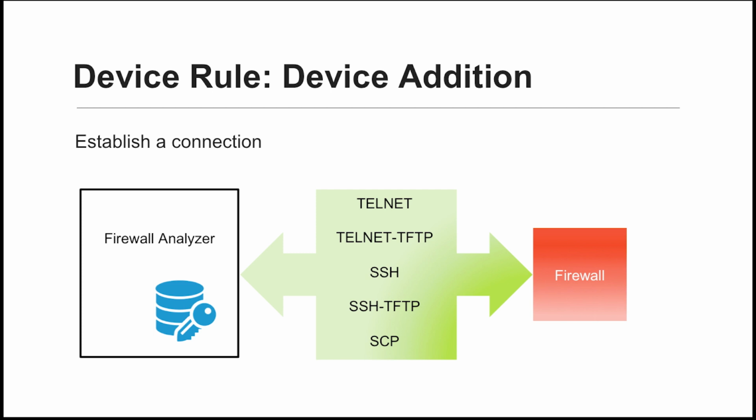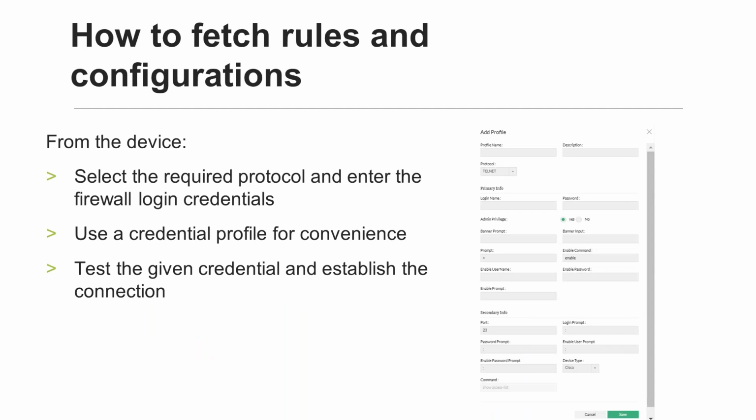We make a communication between the Firewall Analyzer machine and the firewall with Telnet or Telnet TFTP, SSH or SSH TFTP, or SCP protocol. By making this connection, we can fetch the configuration and rules from the firewall and generate various reports. There are two ways we can fetch the rules and configuration from the firewall.